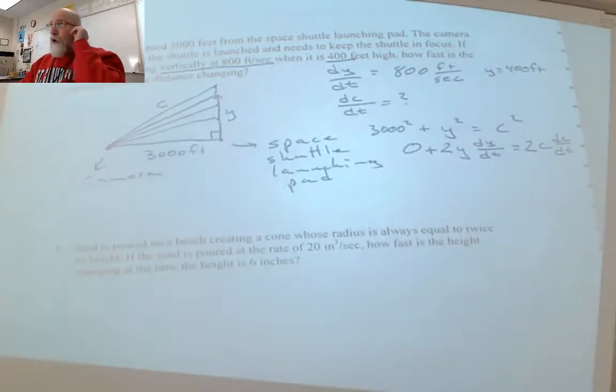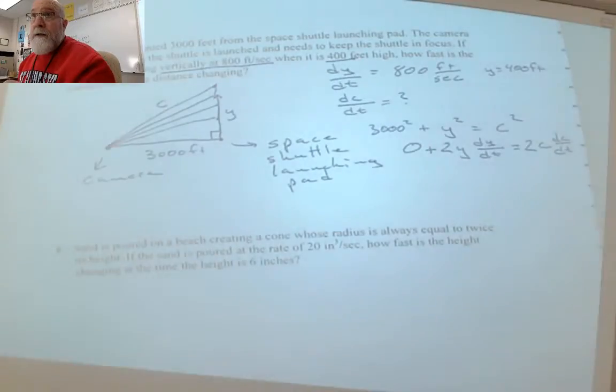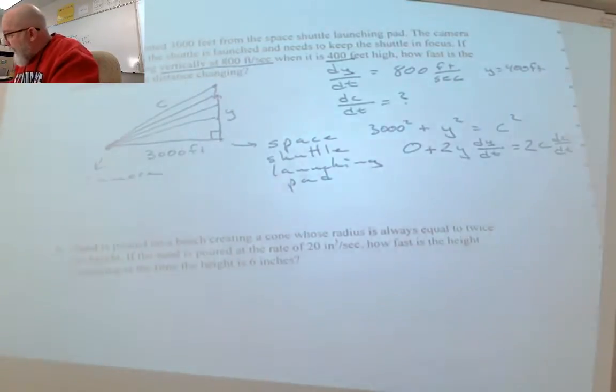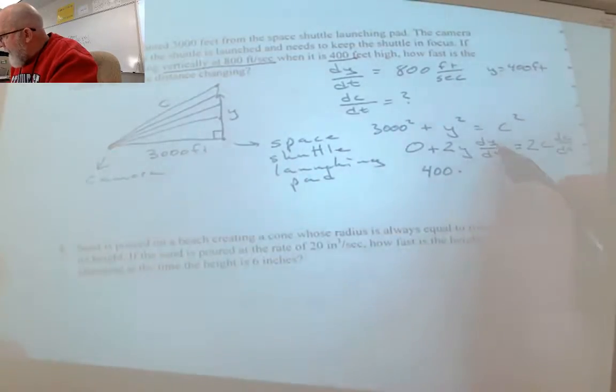Now, you should have, I've got 1, 2, 3, 4 variables, correct? I should have some constants that I can substitute in there, otherwise I can't solve for it. Do you see why the 2's are going to disappear? Okay, I have y. Y is 400, correct? And I have dy/dt, which is 800, correct?